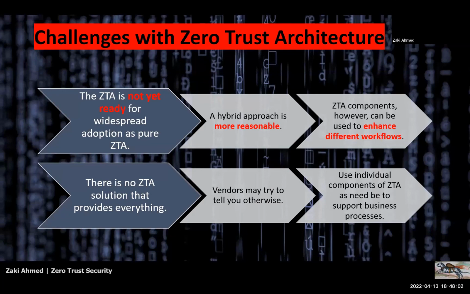Challenges of having ZTA: there can be a loophole in the system which is unknown to the user and can be exploited by a hacker. A better approach is a hybrid approach where you have zero trust and a legacy system too.